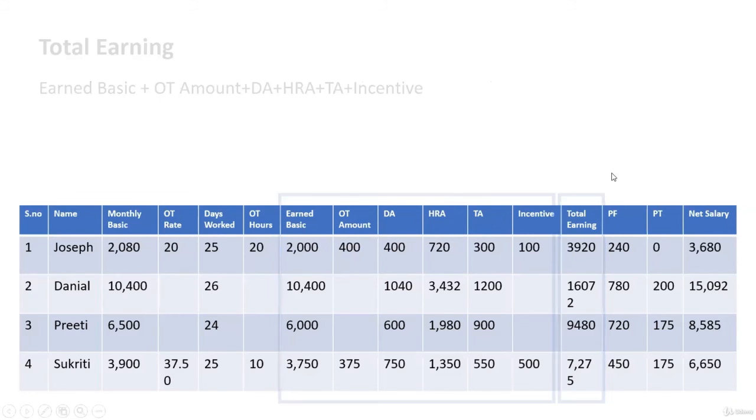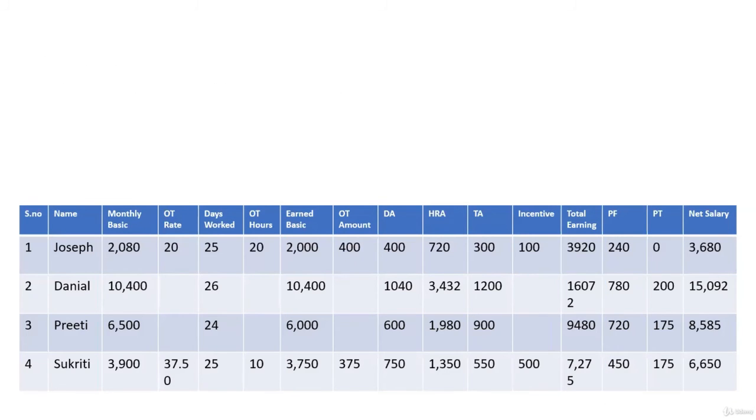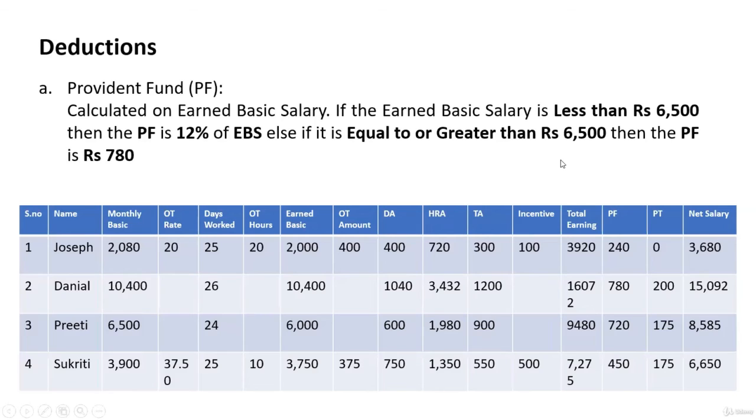Now, this is all about the earnings of employees, but after earnings, there are some deductions as well from the employee's salary. The first deduction that we had discussed is provident fund. This is calculated on the basis of the earned basic salary.